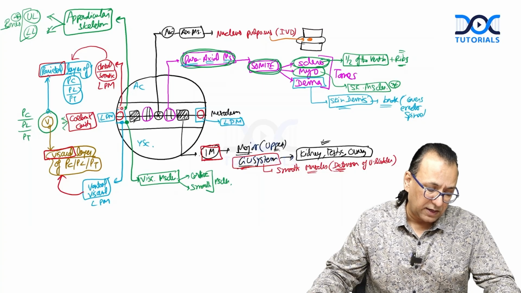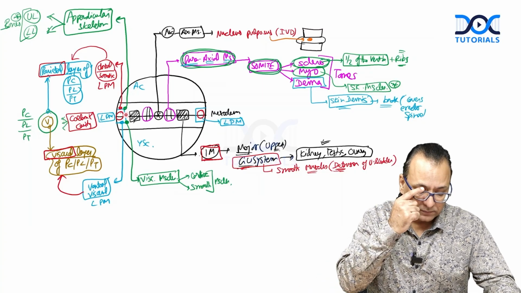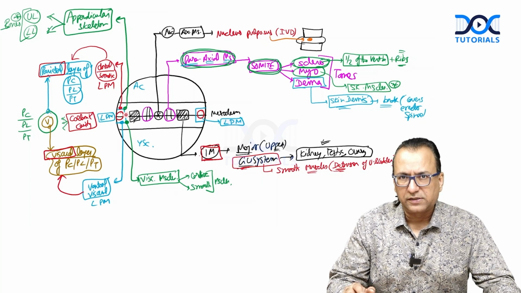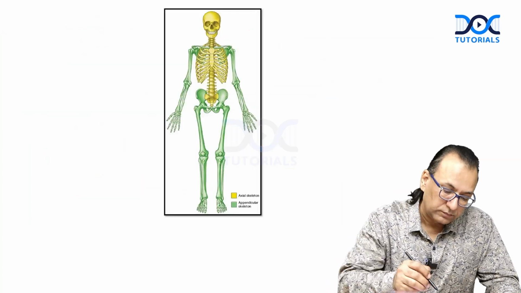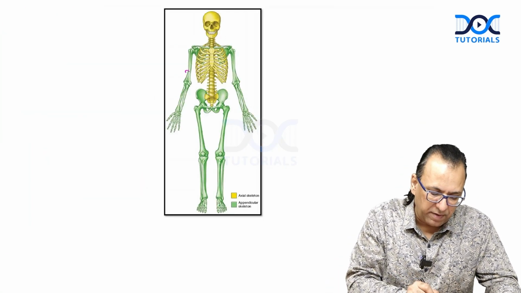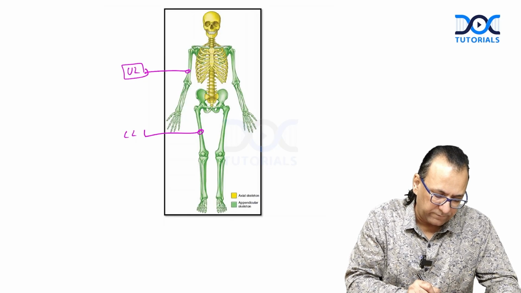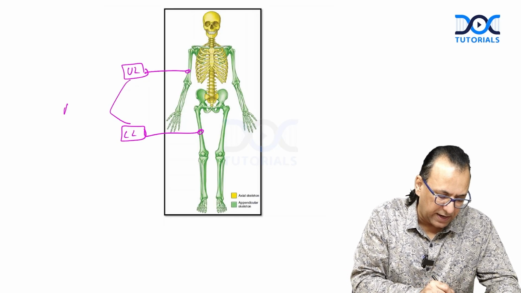Let us look at the skeleton of the body and discuss where all the bones are developing from. It is kind of a revision. We have just mentioned the upper limb bones and lower limb bones, which we consider the appendicular skeleton.